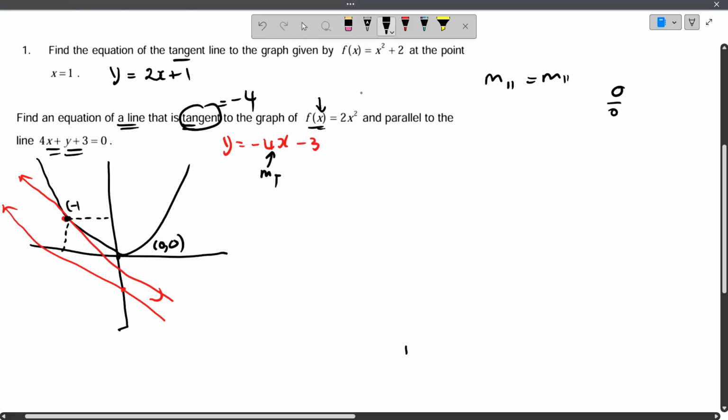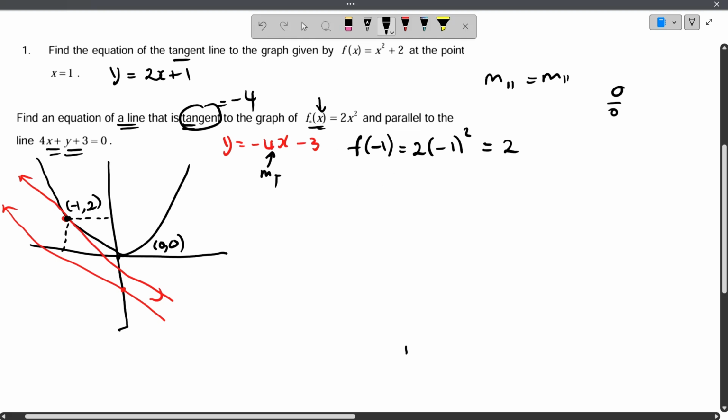So it will be f(-1), which is equal to 2 times (-1) squared. That will give us 2, right? So meaning at -1 we have +2.